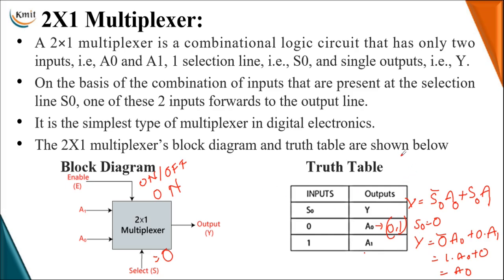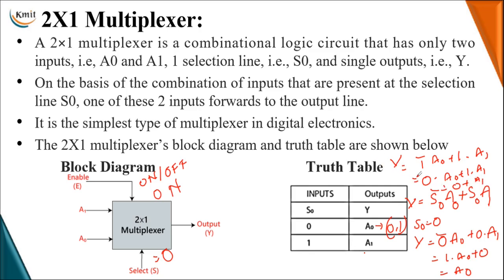Now using the same expression, if S0 is equal to 1, replace S0 with 1. So 1 bar into A0 plus S0 is 1 into A1. As 1 bar, the complement of 1, is equal to 0, we get 0 into A0 plus 1 into A1, which is A1.